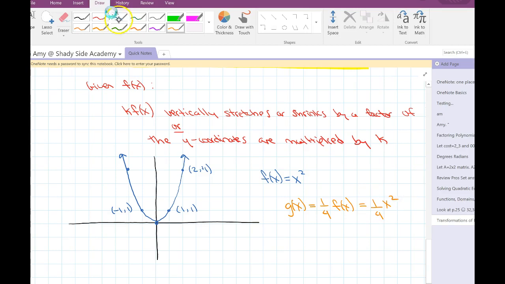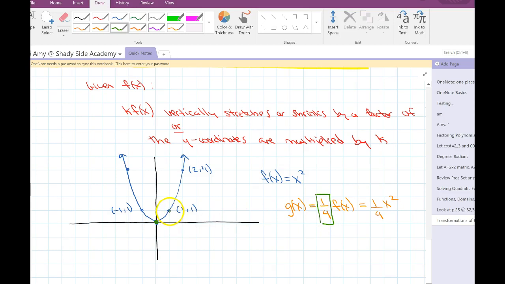So the effect of this value right here, k times f of x, means that every y coordinate, or y in general, is going to be multiplied by 1/4. So what happens is (0, 0) will stay the same because the y coordinate of 0 times 1/4 remains 0.